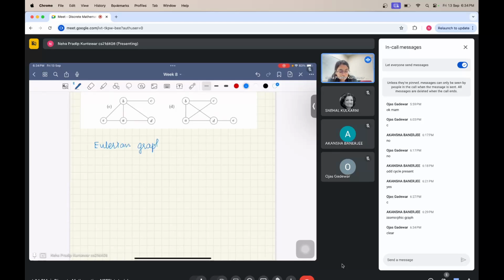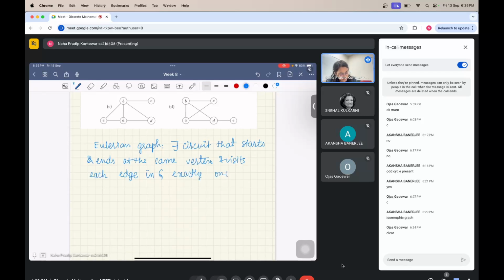You say a graph is Eulerian if there is a circuit that starts and ends at the same vertex, and visits each edge in G exactly once.